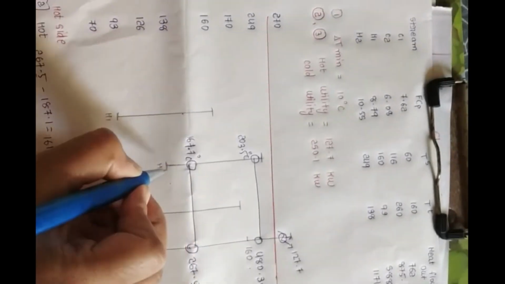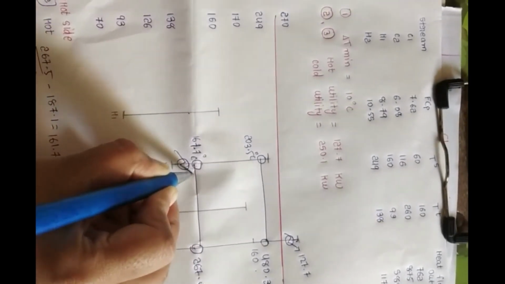So minus 480.3, minus 267.5, and minus what will be provided by H2 to the cold utility, so 250. So it will give you the answer 173.1. So this is the amount of heat present in the H2.